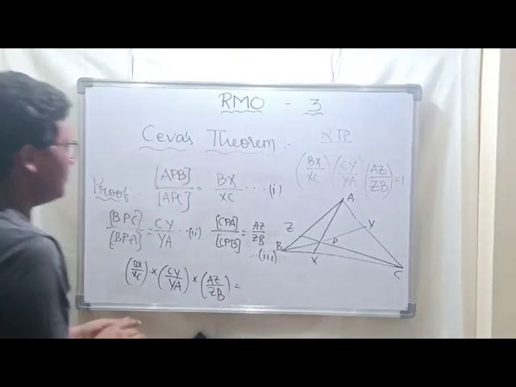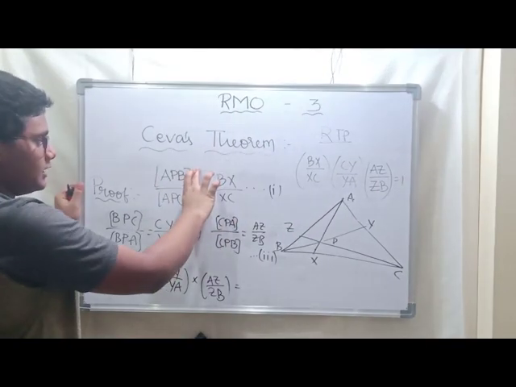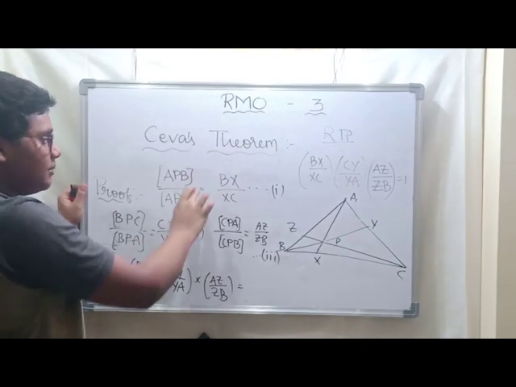We got BX by XC is equal to area of triangle APB by APC.